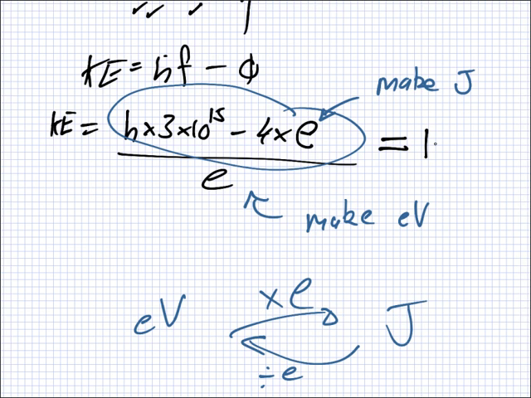It's 1.6 times 10 to the minus 19. And the total: 1.6 times 10 to the minus 19 equals 8.4 times 10 to the minus 38.